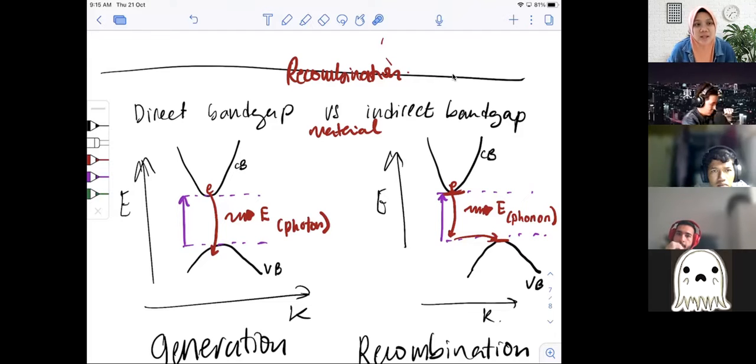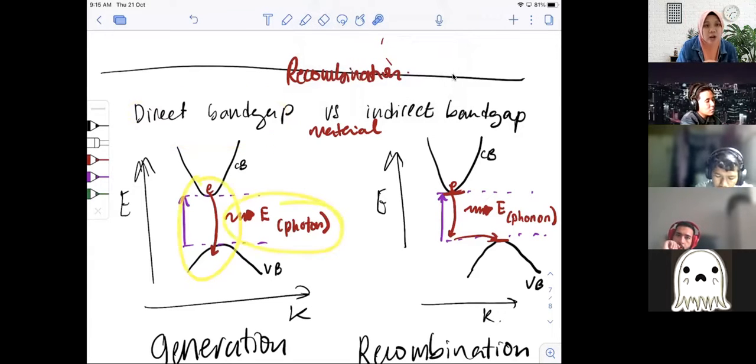This is very important: for direct band gap material, if there's recombination, the output is always light. So you get light coming out, which is great. This is how you get LED and laser. You have recombination, you have light coming out.